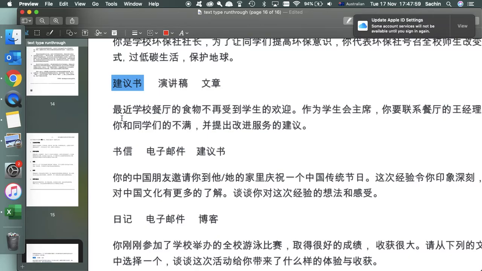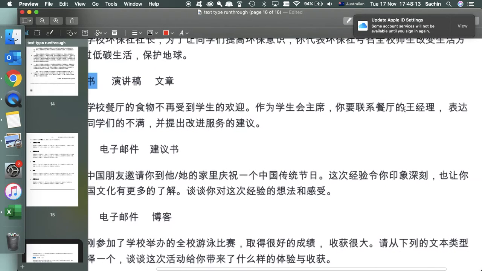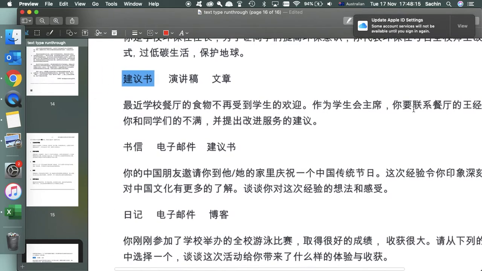And next one we have 最近学校餐厅的食物不再受到学生的欢迎。作为学生会主席，你要联系餐厅的王经理，表达你和同学们的不满，并提出改进服务的建议。So this one I think is fairly obvious, but I'll let you guys comment.